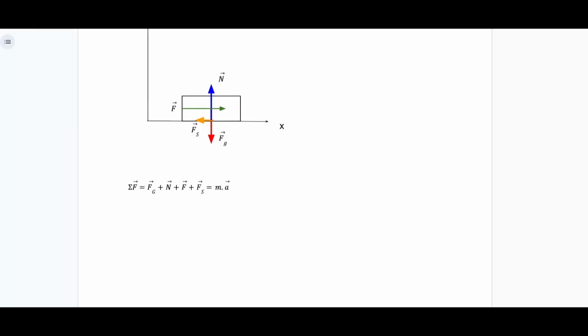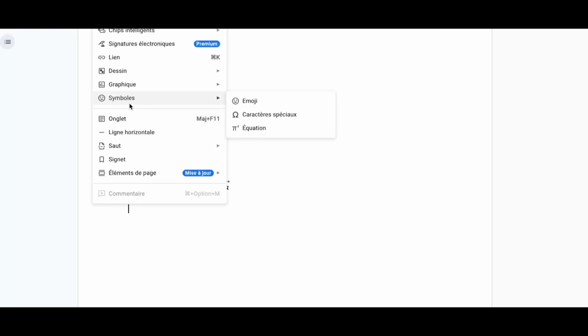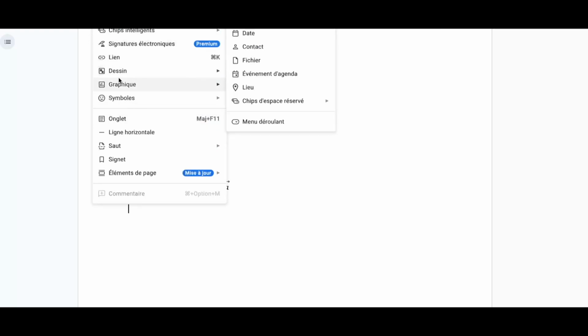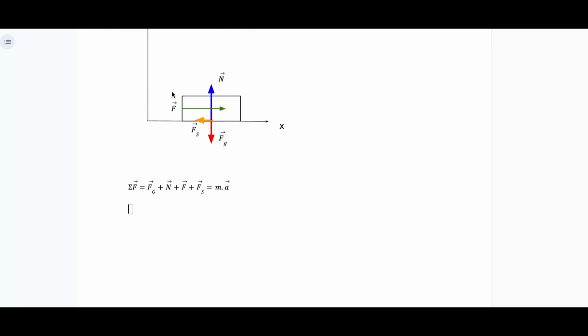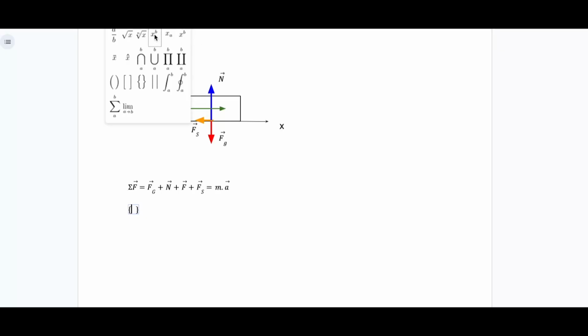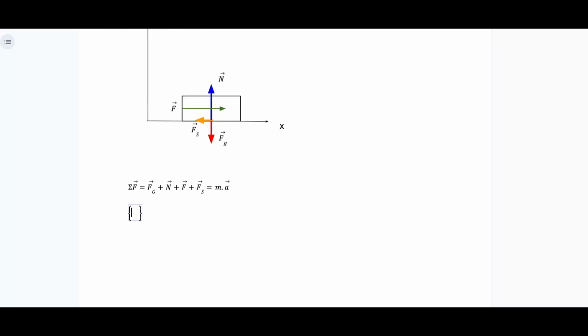So I'm going to start by projecting all those vectors with giving them a name on each axis. So I'm going to insert an equation, make all those vectors into a matrix.